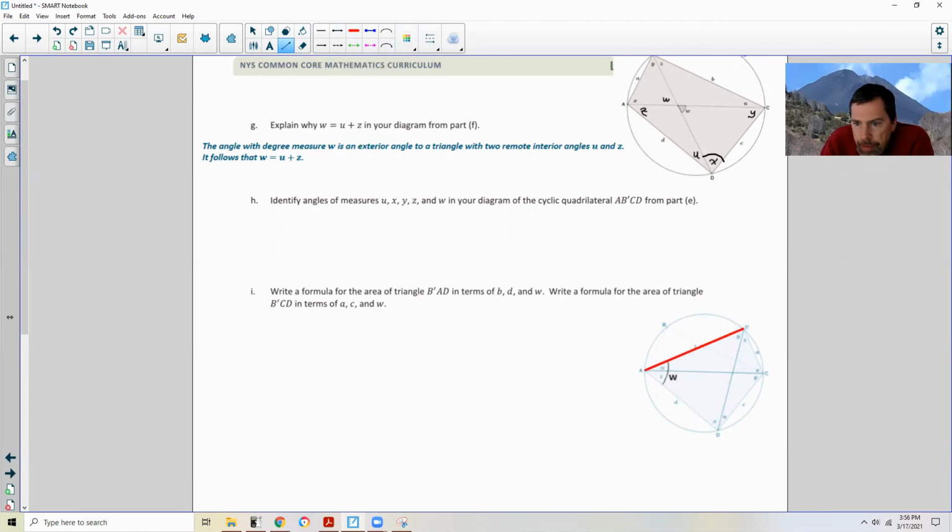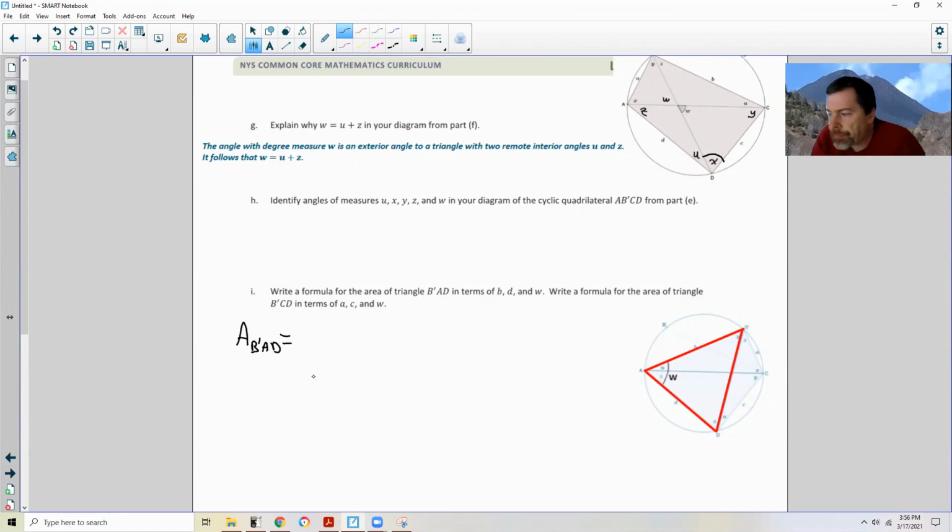B prime A D is this triangle right here. All right. So we would say the area of B prime A D equals, and what are the two sides?